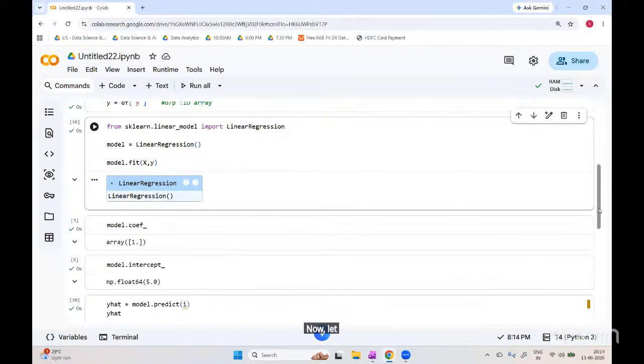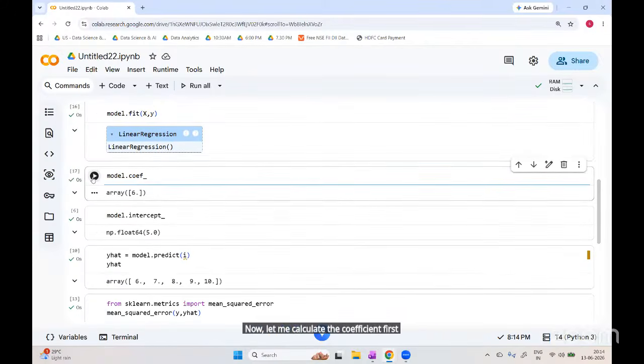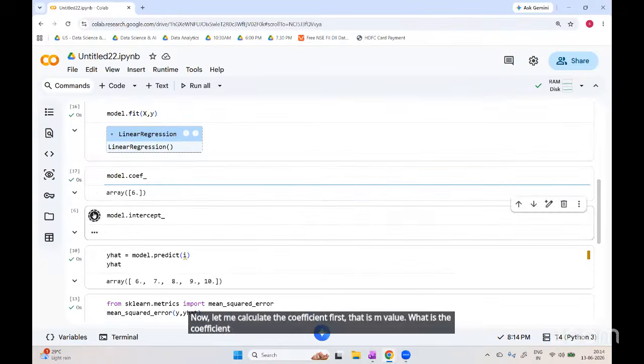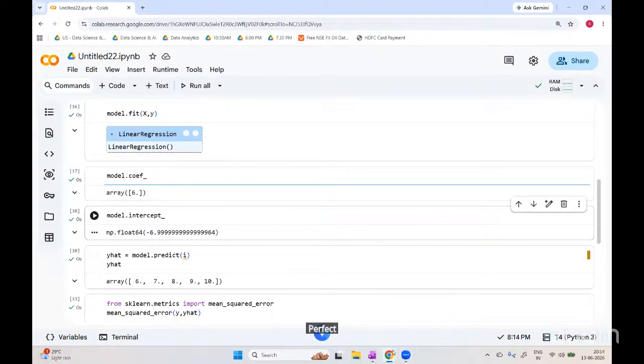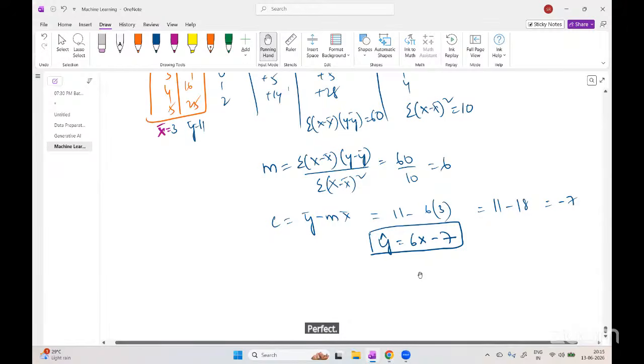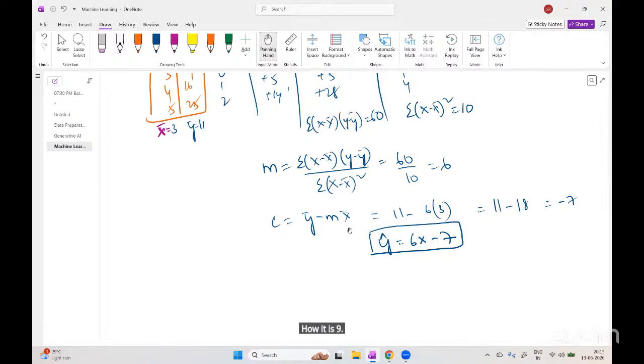Now let me calculate the coefficient first, that is the m value. The coefficient is 6. The intercept value is minus 7. Correct, perfect. So my equation is 6x minus 7. How is C obtained? Y bar minus m into x bar. Y bar is 11.